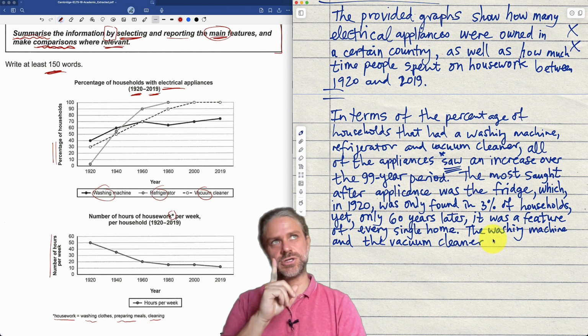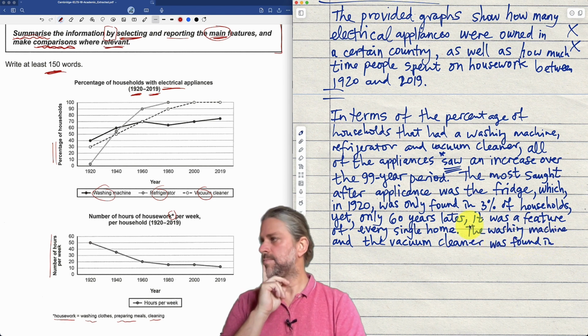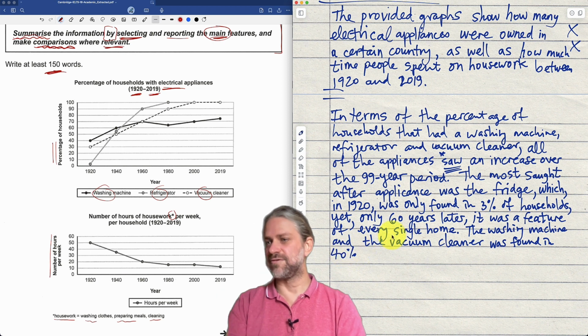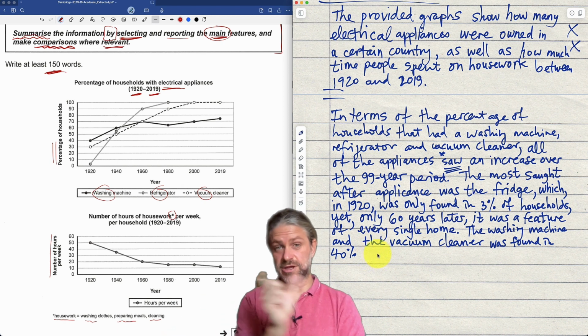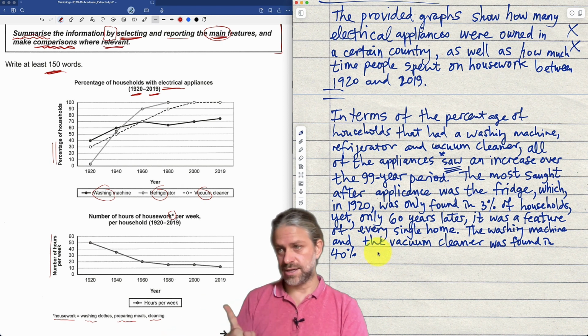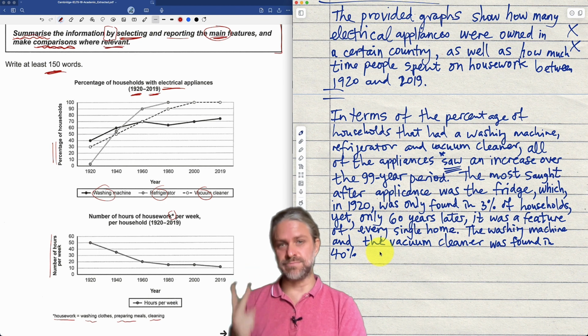Okay, we need to use percentage of households. Let's just think about this. The washing machine and the vacuum was found in, so washing machine is the first one we're talking about, so 40%. That's for the first thing. So I've mentioned washing machine, so I need to put the number. If I'm going to use this word respectively, I need to use washing machine first and then this number first.